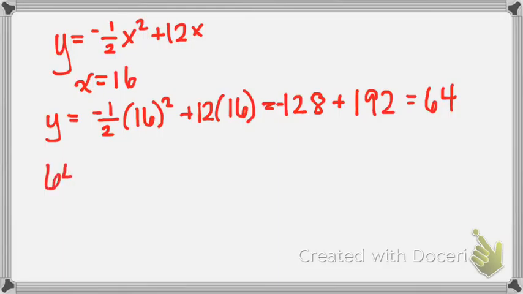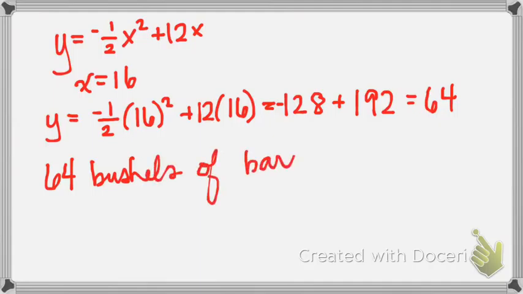So our answer is 64 bushels of barley. Okay, now the 64 bushels of barley is greater than the output if 4 million seeds per acre are planted. Okay, and we're eventually going to try to find a maximum value.